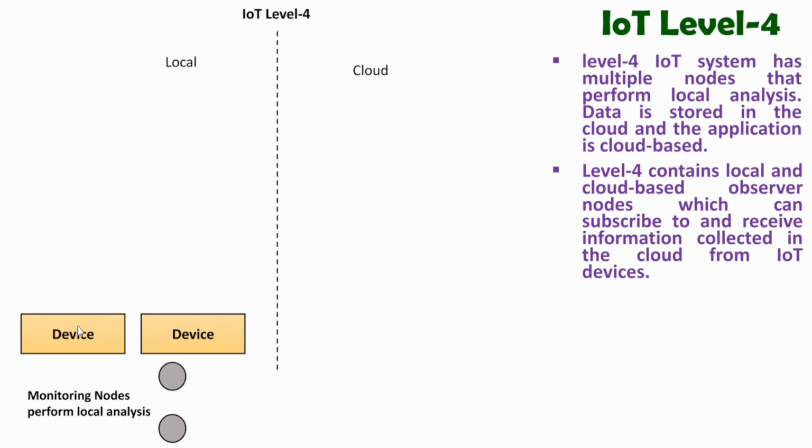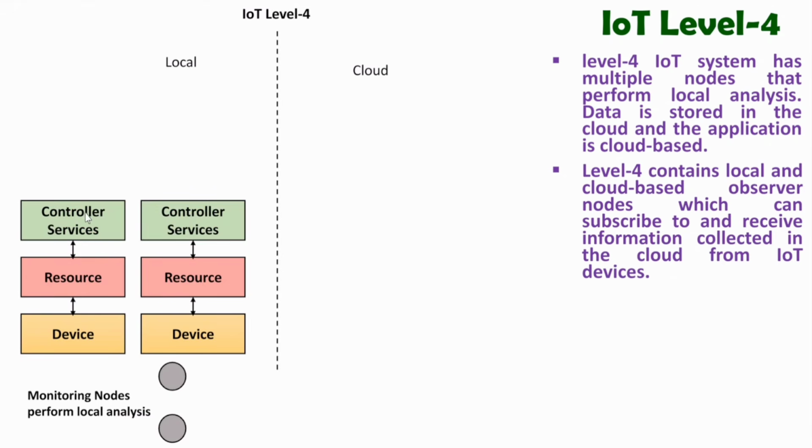So here two devices that I have shown are interacting with resources. So that is local software on the device. And here it is connected with controller services, meaning with the use of controller services, these devices can interact with the internet on cloud, right? So this controller services is connecting these devices to cloud.